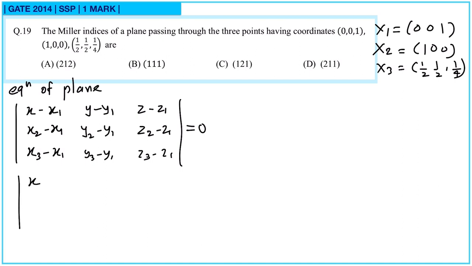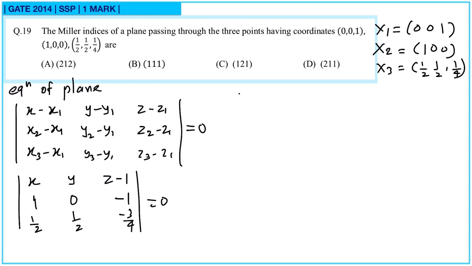So x minus x1 is x minus 0, then y minus 0, then z minus 1. Next, 1 minus 0 is 1, then we have 0, minus 1, and then 1/2, 1/2, minus 3/4. And this will be equal to 0.